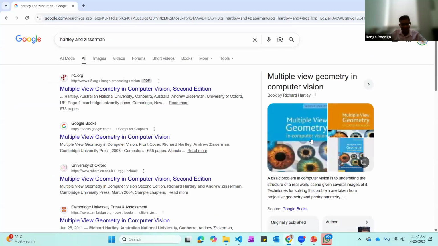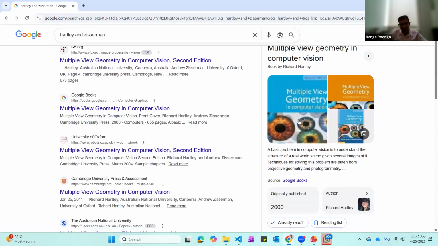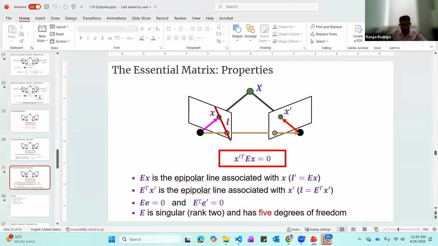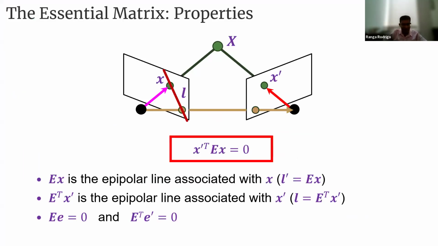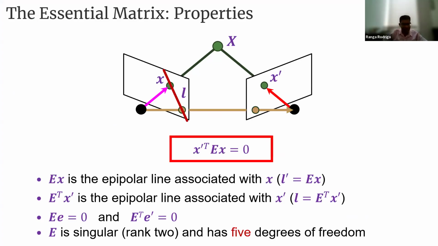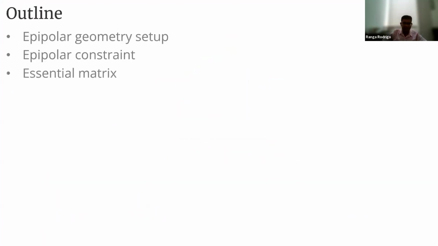You can see the picture of that book, right? All the details are in that book. It is freely available for you to download. It's a great book. So we will not go into further details about this. And then there are other things. E transpose e prime is equal to 0, E is singular, rank 2, has 5 degrees of freedom. All these things we will not study now.